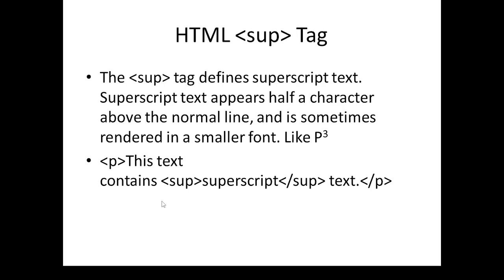Another tag is the SUP tag. The SUP tag defines superscript text. Superscript text appears half a character above the normal line. In the subscript tag, it is below the normal line; in the superscript tag, it is above the normal line, and is sometimes rendered in a smaller font, like P Q, where the 3 is slightly smaller compared to the P. This is the example of superscript text.